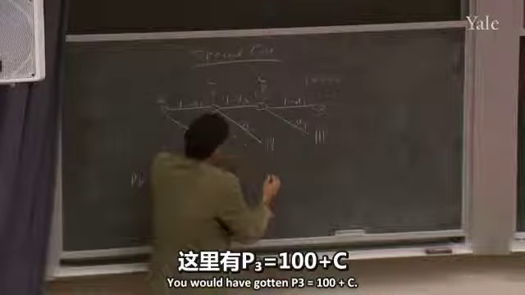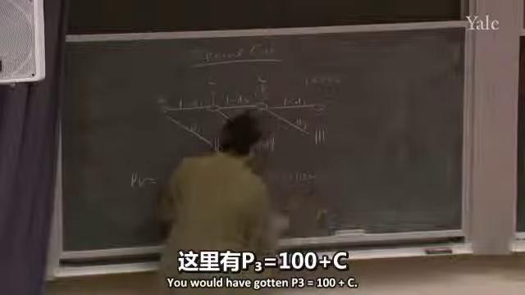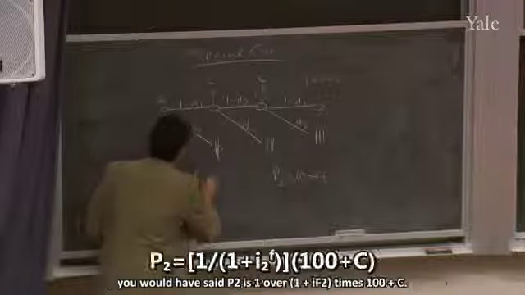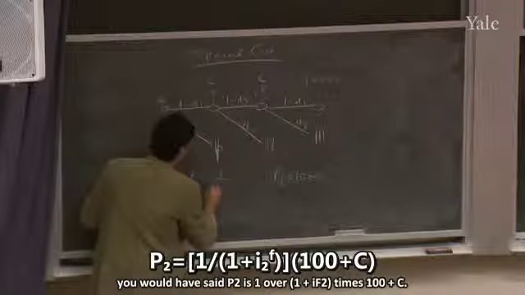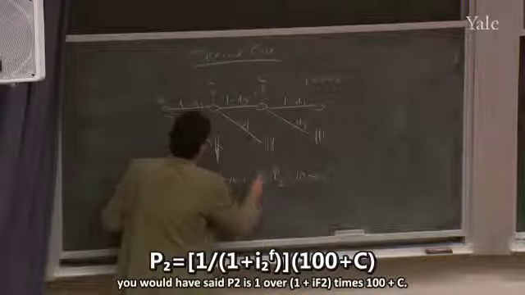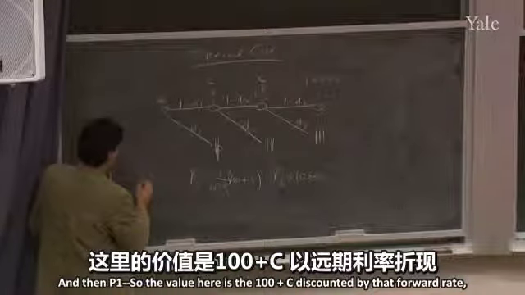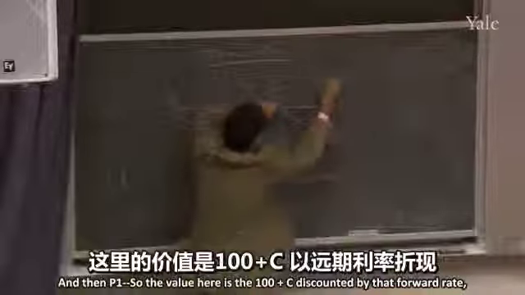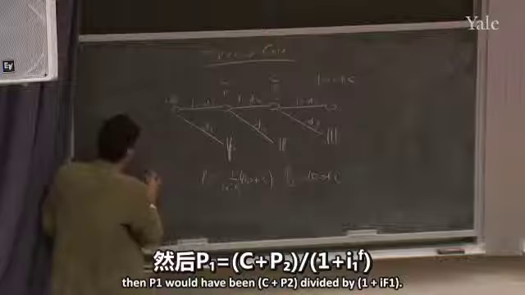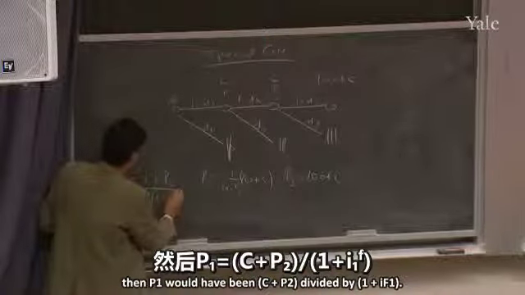You would have gotten P3 equals 100 plus C. Then P2 is 1 over 1 plus IF2 times 100 plus C. So the value here is the 100 plus C discounted by that forward rate. Then P1 would have been C plus P2 divided by 1 plus IF1.